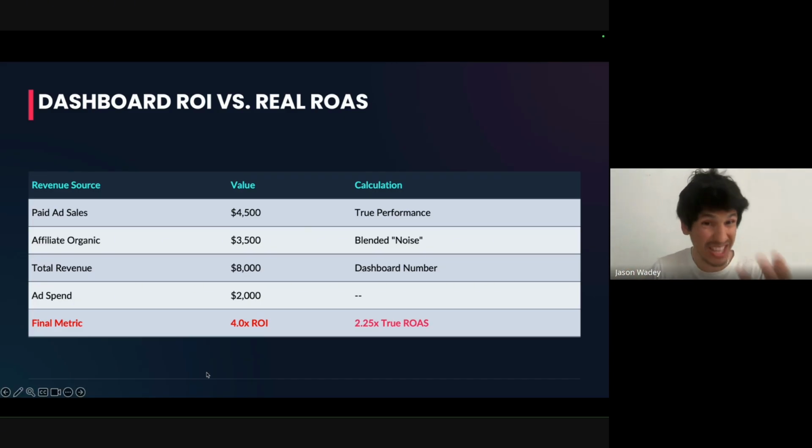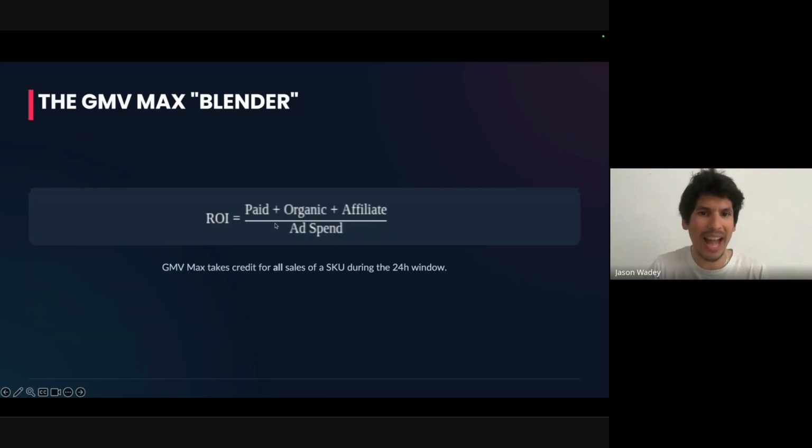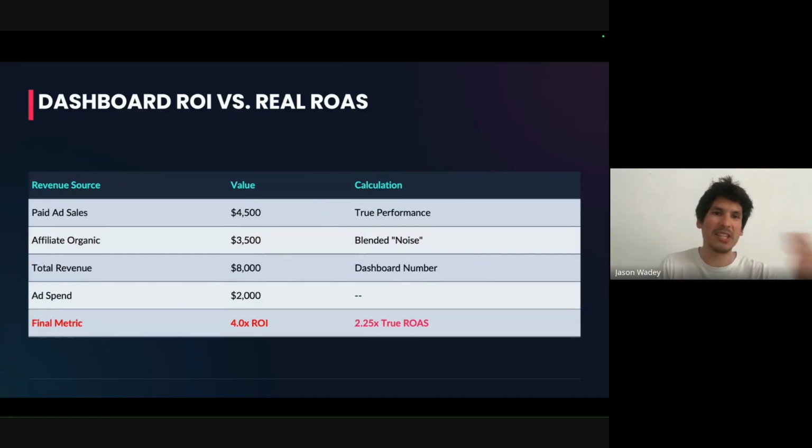This is the reason why we see some of this more inflated ROI in certain cases. On TikTok, the ROI is the metric of all of these put together. So it's the paid ads, the organics, the affiliate sales, divided by just the ad spend. This is why we can get some really inflated GMV Max results.